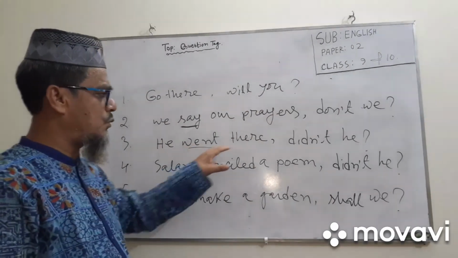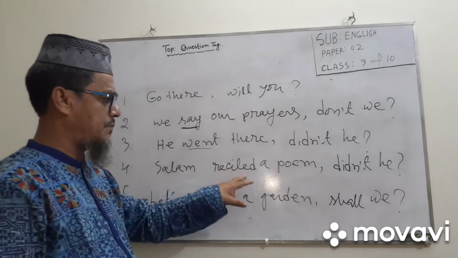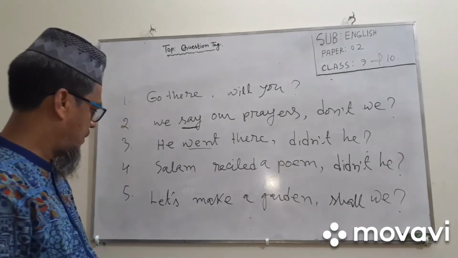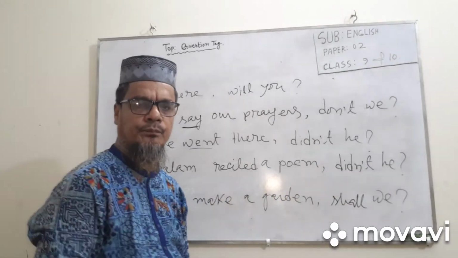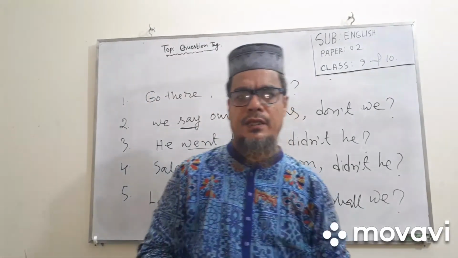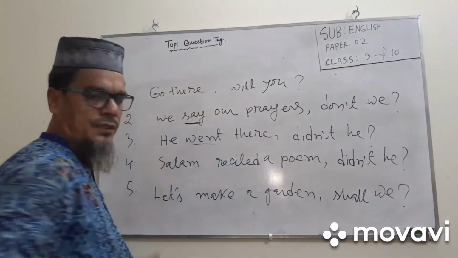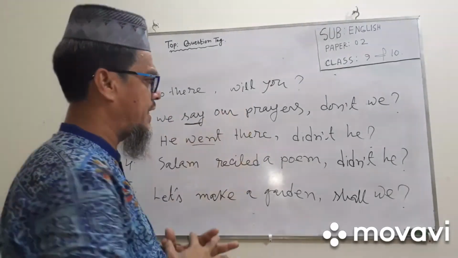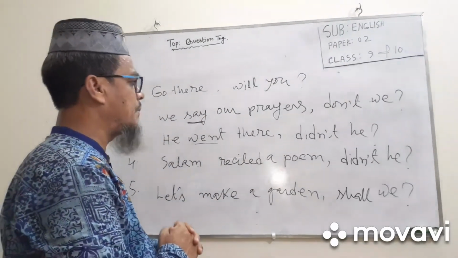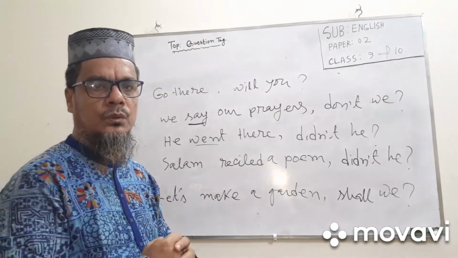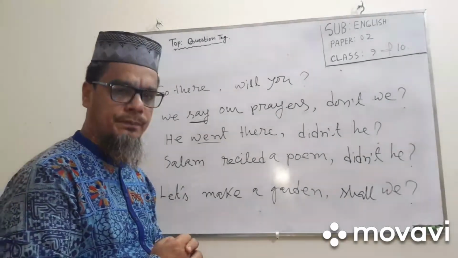After subject V2, didn't he? Let's, shall we. We know that if there is a noun at the first place as the subject of any kind of sentence, we must use the pronoun of the noun. Hope you all are okay in this regard.